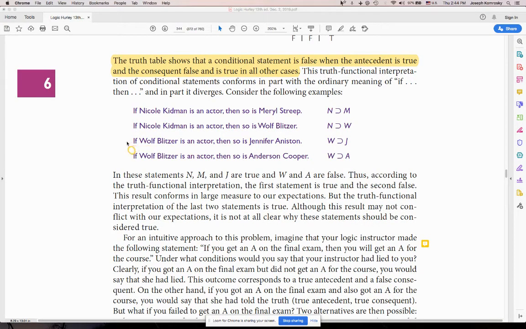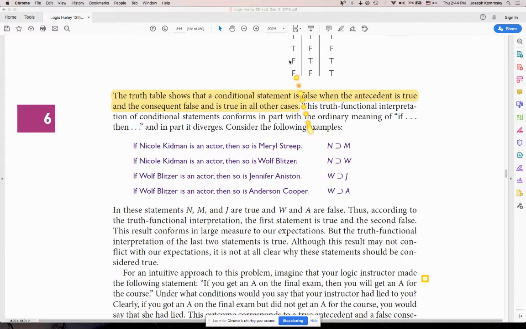Okay. And then let's do this. If Wolf Blitzer is an actor, then so is Jennifer Aniston. Well, we know this is true on the consequent, and we know Wolf Blitzer is not an actor, so we have a false, then a true. And it turns out that this whole thing is true because even though Wolf Blitzer is not an actor, and even though Jennifer Aniston is, him not being an actor doesn't negate the fact that she is, or that would be a consequent.